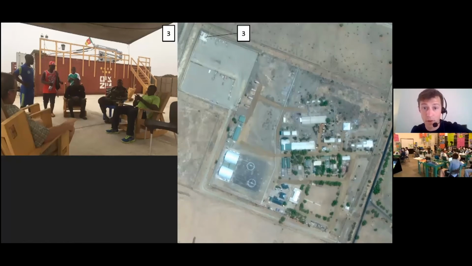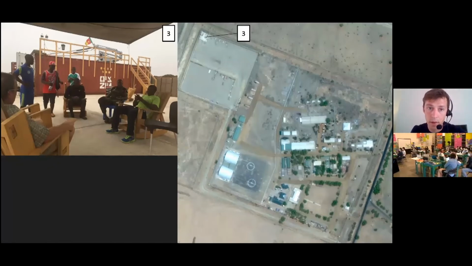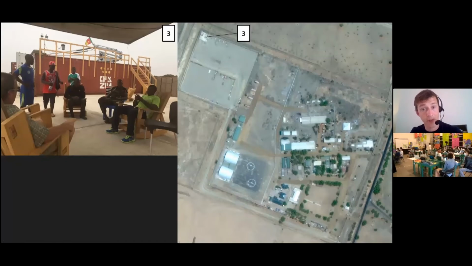Maybe there's some sort of data that's being kept apart, but also, perhaps the Cameroonians know that there are things going on in this base. There's harm being caused, there's violence carried out in this base that they don't want the US to see, or that it's safer for them that the US doesn't see. Again, maybe this is something we can explore in some of the later questions.